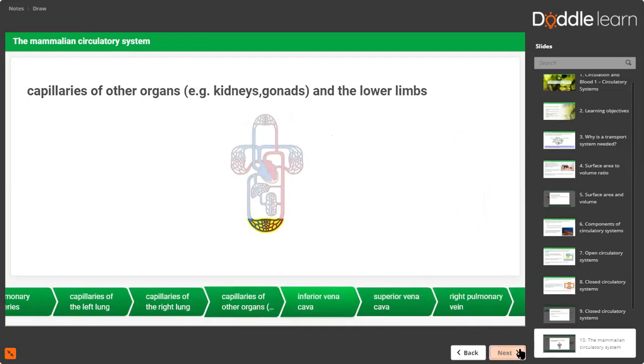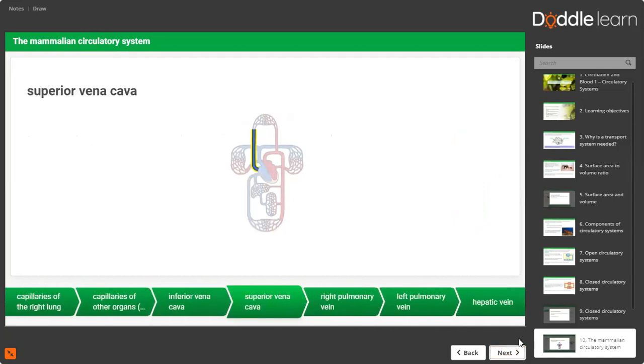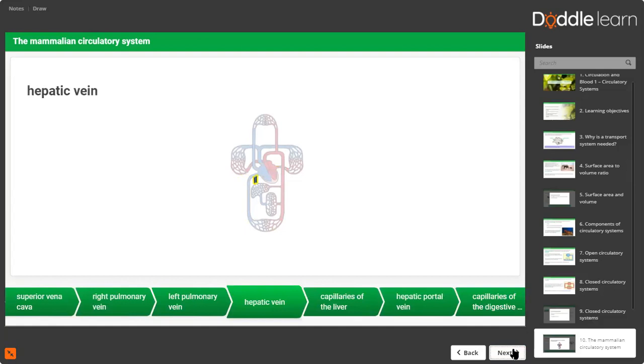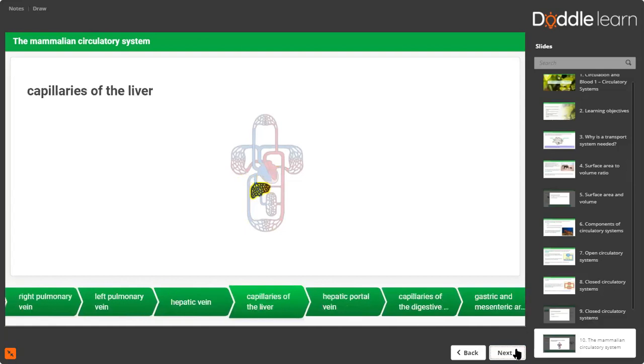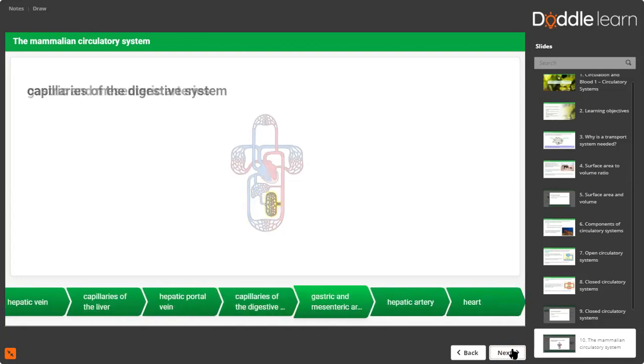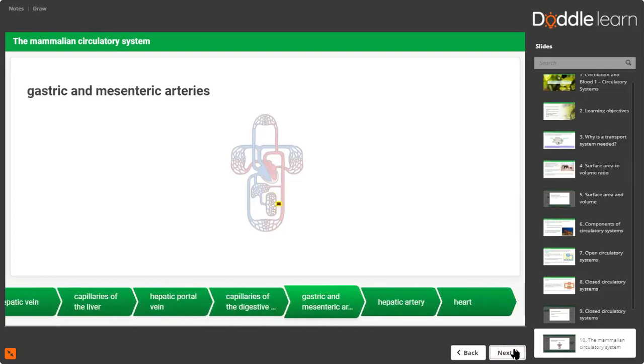We have our inferior vena cava and our superior vena cava. Remember, the vena cava is made up of two blood vessels. We have our right pulmonary vein, left pulmonary vein, hepatic vein, capillaries of the liver, hepatic portal vein, capillaries of the digestive system, gastric and mesenteric arteries, then the hepatic artery, and then the heart.